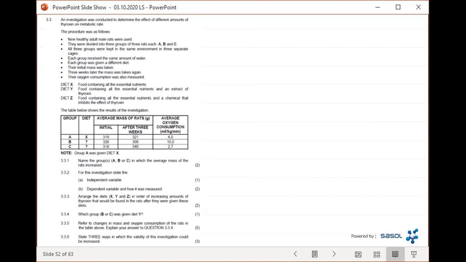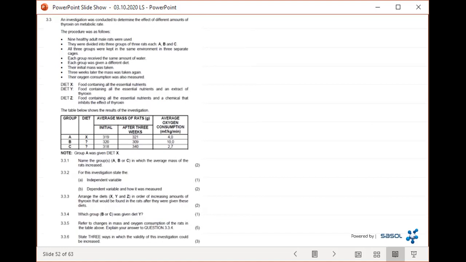Okay, so let's see diet X. This was food containing all essential nutrients. Then diet Y is food containing all the essential nutrients and an extract of thyroxine. Then diet Z is food containing all the essential nutrients and a chemical that inhibits the effect of thyroxine. The table shows the results of the investigation.